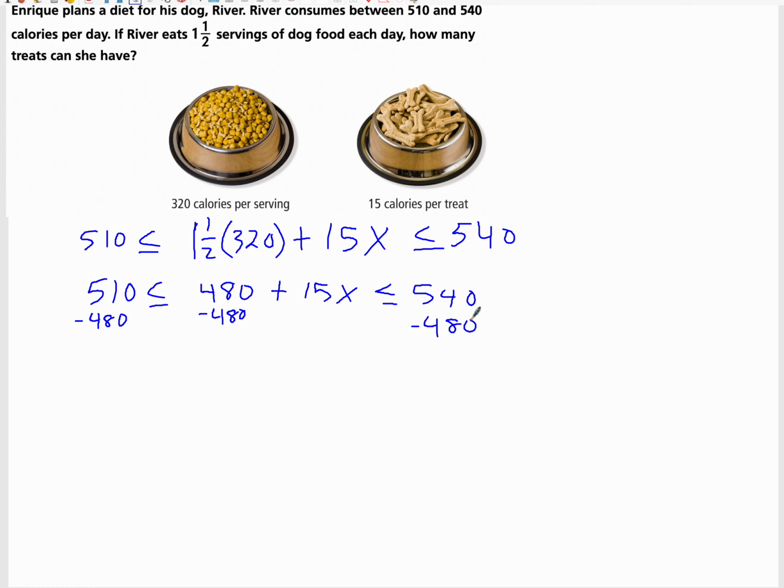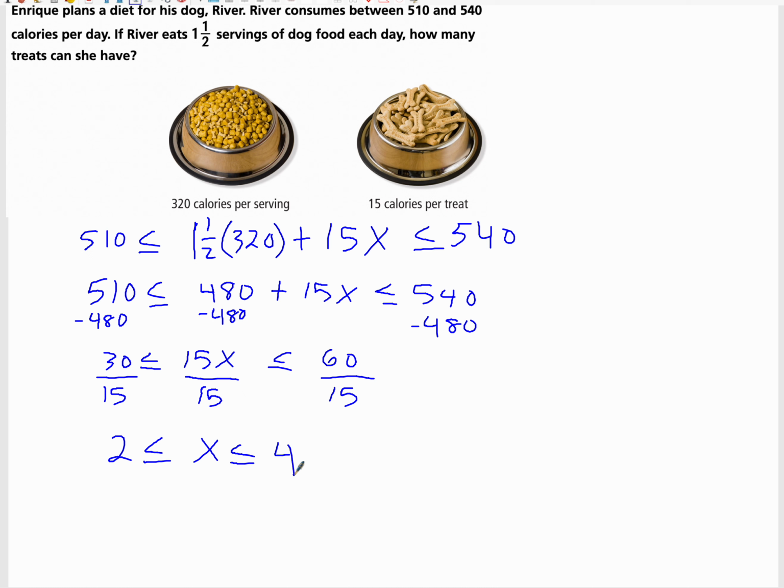So that would be 30 is less than or equal to 15x is less than or equal to 60. Okay? It's 2 to 4 treats. Divide by 15 on both sides of the symbols. So 2 is less than or equal to x is less than or equal to 4.